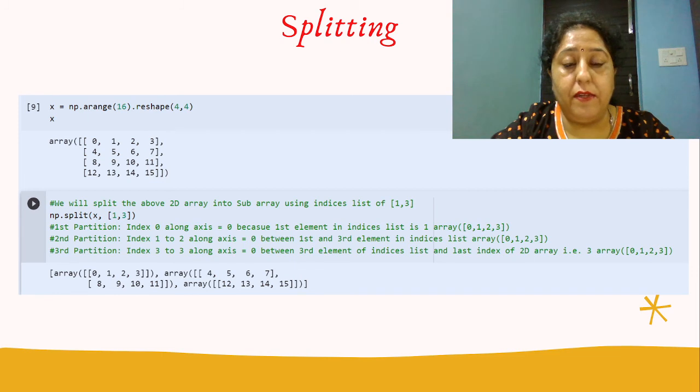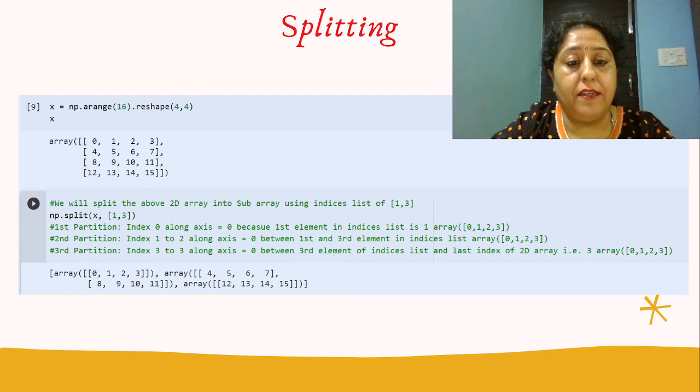The first partition will be from index 0 along axis 0 because the first element in the list is 1. So that means index 0 till 0. That means you will have the first row, 0, 1, 2, 3, as the first partition.